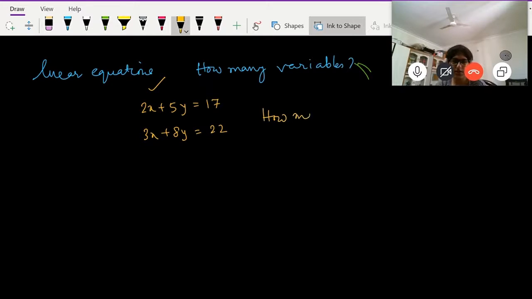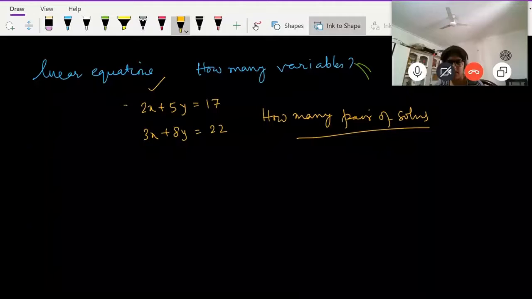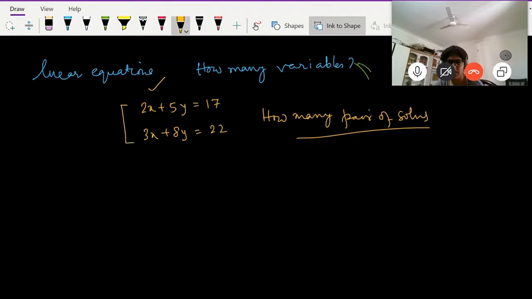For each of the equations, there'll be infinite. We can put as many values as we want. No, this is the problem. So if I have one equation, 2x plus 5y equal to 17, with conditions, of course, x and y greater than 0 or something like that, then we can find the values of x and y, like I showed.